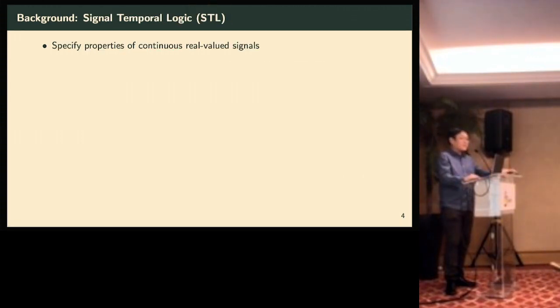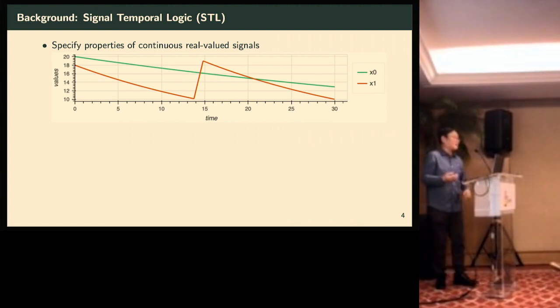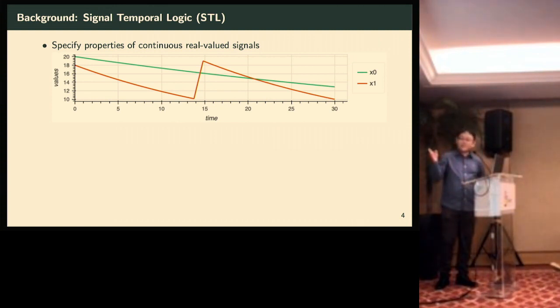And signal temporal logic is a formalism to specify properties of those continuous real-valued signals. As a simple example, suppose you have two continuous variables, x0 and x1, and they change over time like that.